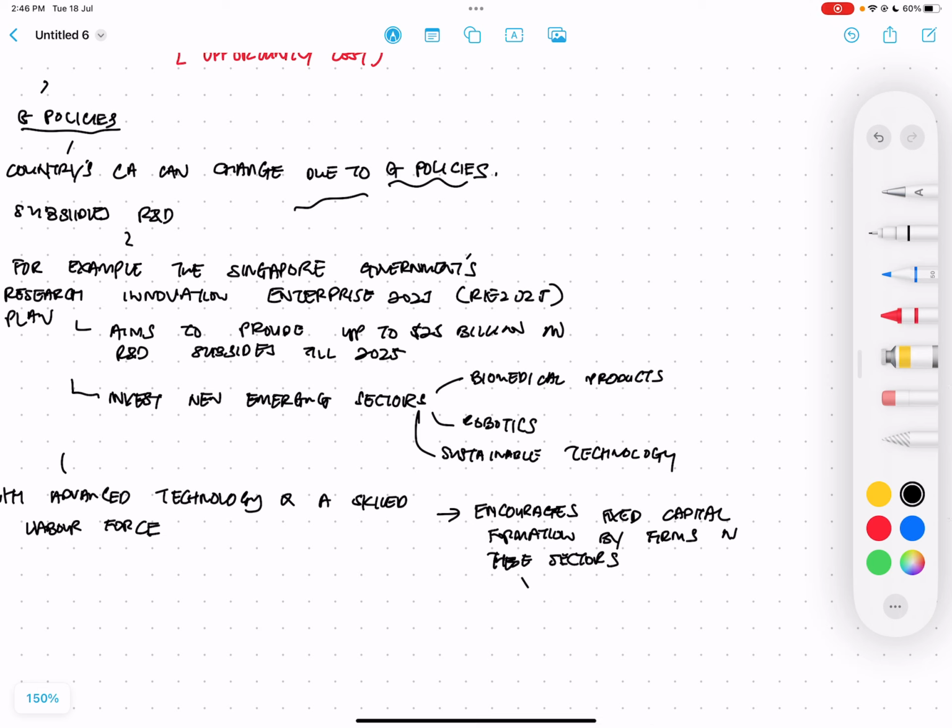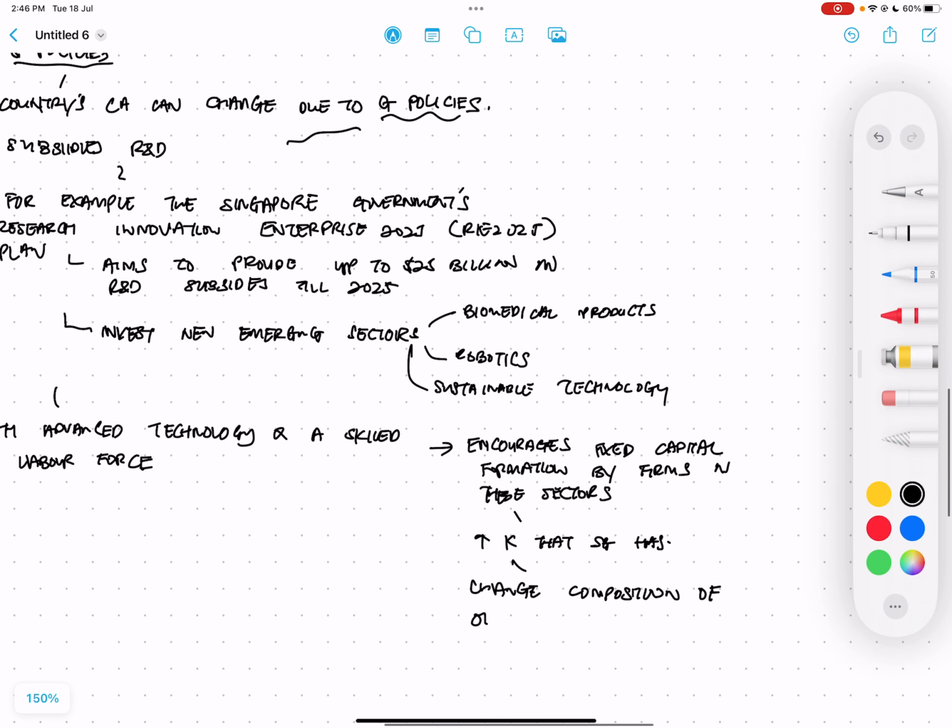So it increases the amount of capital that Singapore has, and by virtue of that, it will change the composition of our factor endowments. We put factor endowments in red because it's a very important word. Just make sure you use this word. Okay, so this is one.